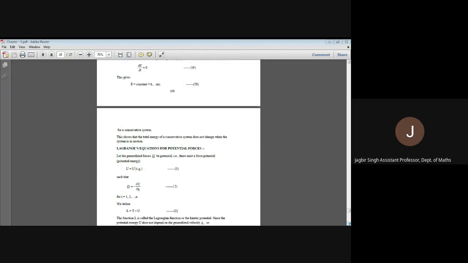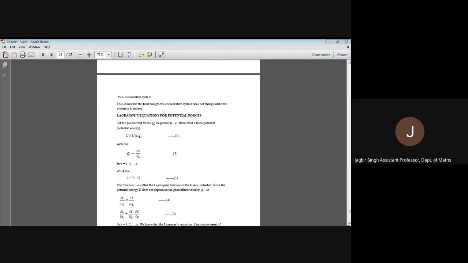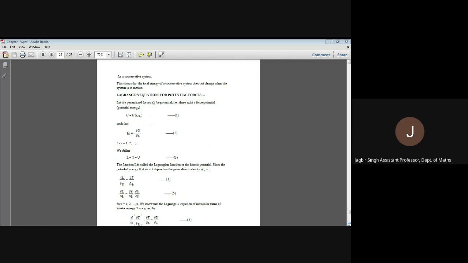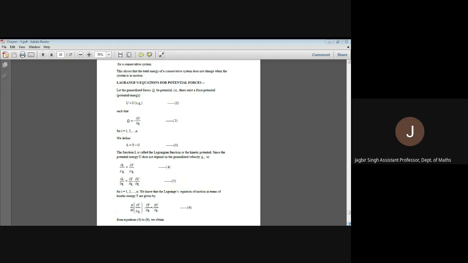Okay, so now the Lagrange equation for potential forces. Basically it is just based on the Lagrange equation of the second kind. Here all of you know that the Qi are the generalized forces and these are the potentials. Then we will have some potential energy U equal to U(t, qi). In that case Qi will be minus ∂U/∂qi.